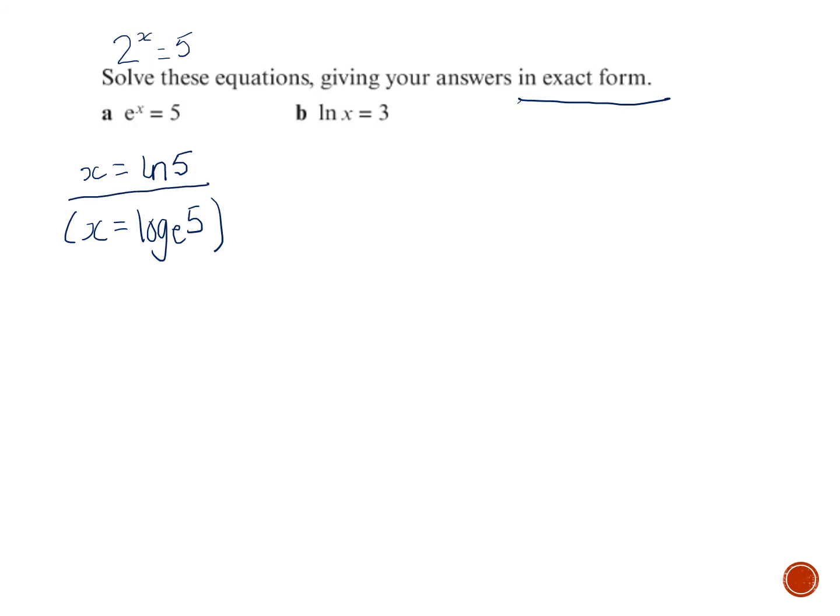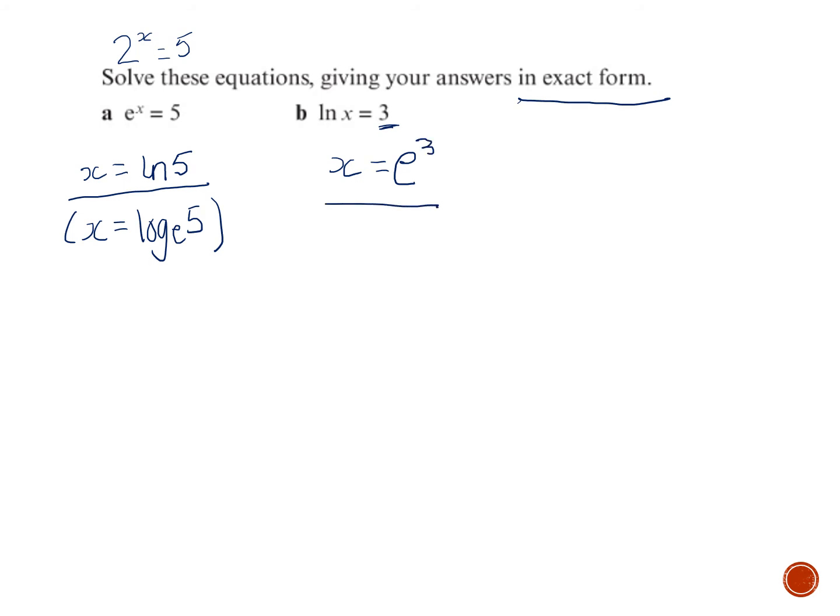Okay, let's have a look at this one then. We're going to write this in our equivalent exponential form. So what this says, remember what your log is, it's what power do I raise the base to, well, I raise the base to this power, and that gives me x. So x is going to equal, remember with ln my base is e, so x is going to equal e cubed.